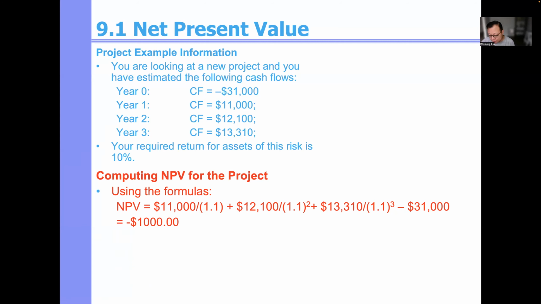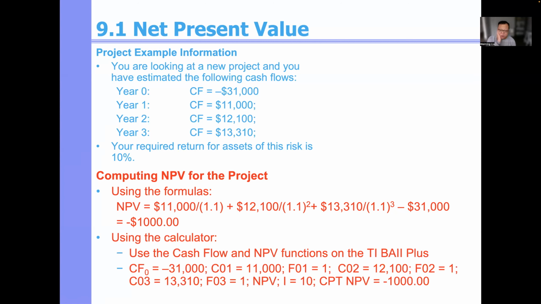because in order to accept the project, the net present value has to be greater than 0. When you are using a calculator, what you can do is set CF0 to be the initial investment, negative 31,000. C01 is 11,000, and F01 is 1, as there's only one cash flow. C02 is 12,100, and F02 is 1.